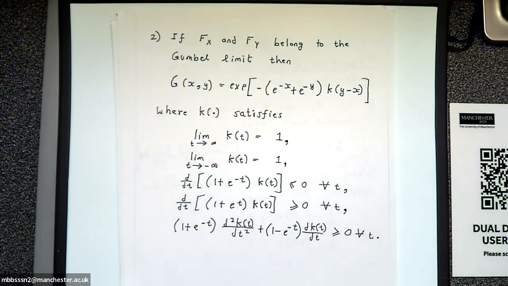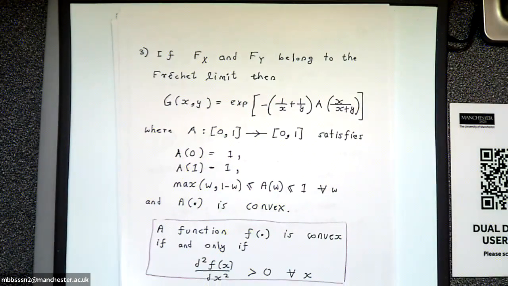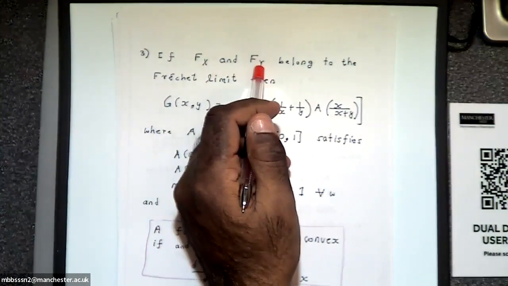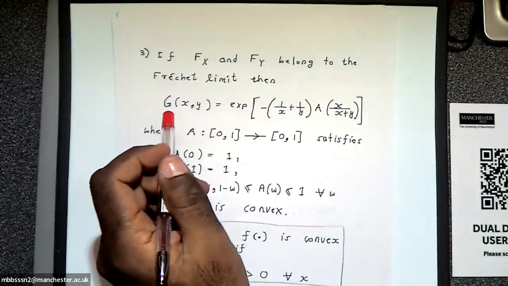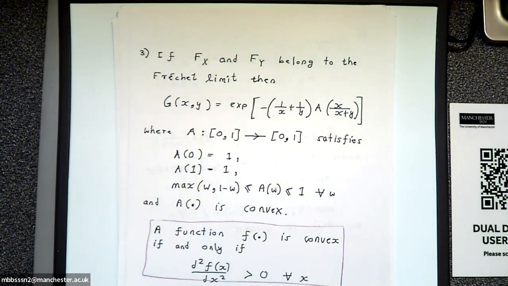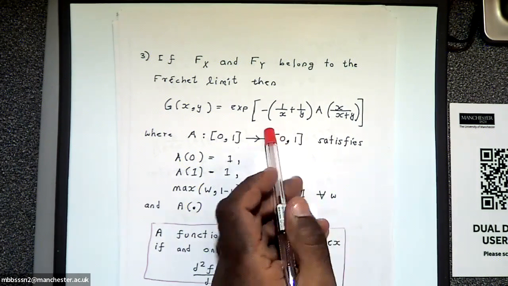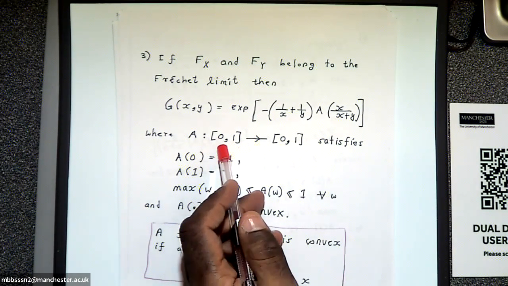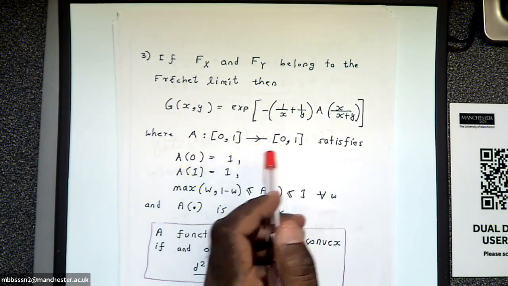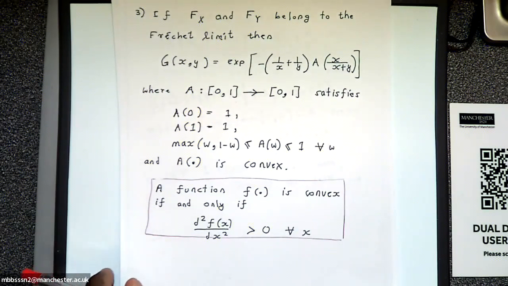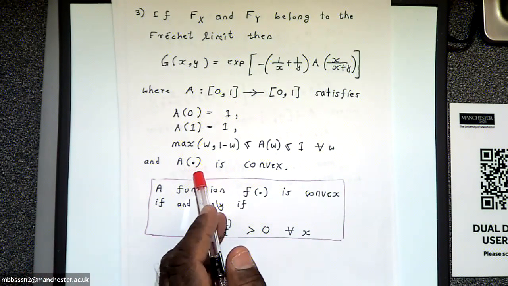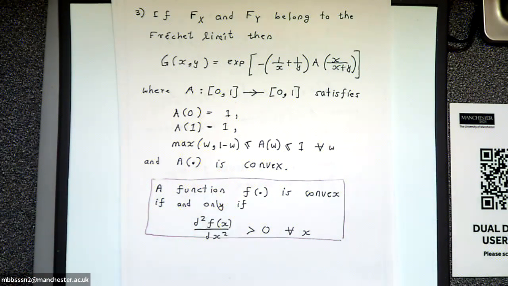Number 3 is this. If the marginals of X and Y belong to the Frechet domain of attraction, then the possible forms for G, of which there are uncountably infinite, can be expressed in this form here, where A is a function from the unit interval to the unit interval satisfying these conditions.